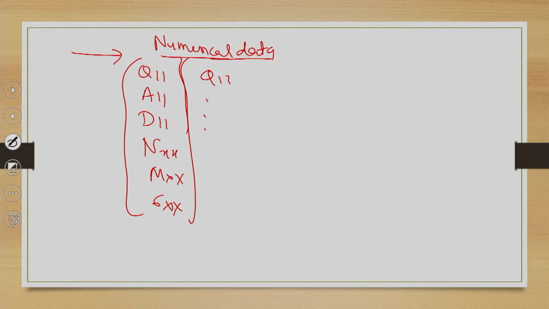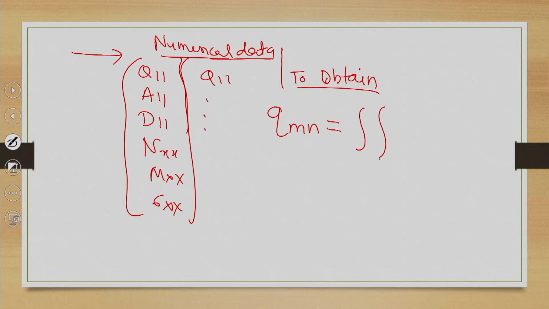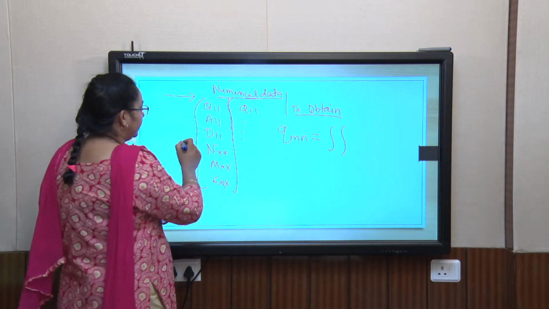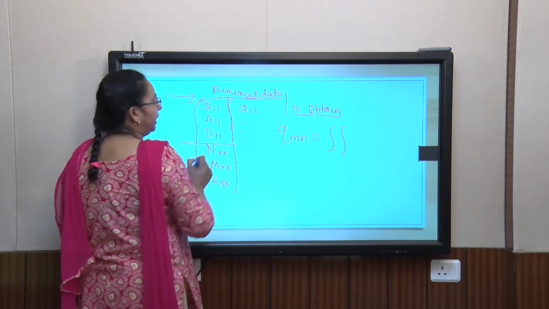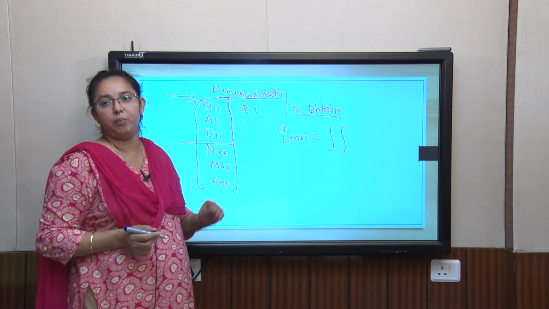The next is to evaluate or obtain, if you remember, QMN. That QMN definition is also required for the solution. If you want to solve a plate problem, you need at least all the material constants up to here, and QMN.